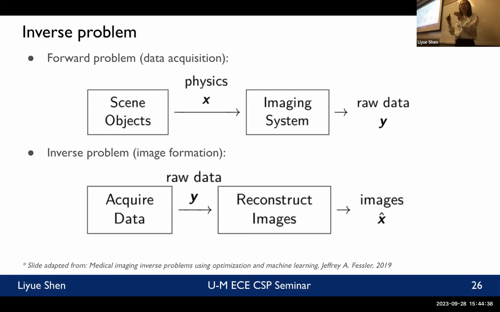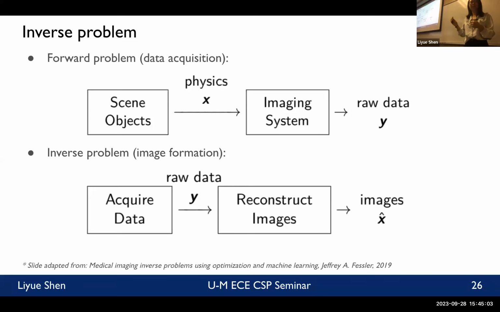If we formulate this a little more mathematically, we always use Y to denote the raw data that we acquired from the imaging systems. What we want to reconstruct from Y is the original image in the image space, based on the measurements Y. We will use this notation across the whole talk.